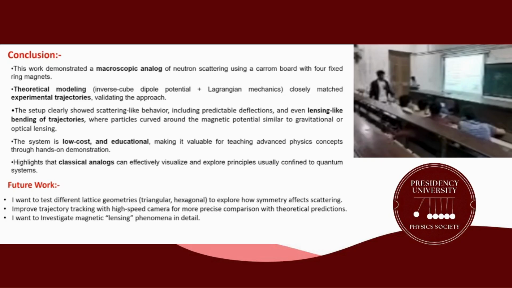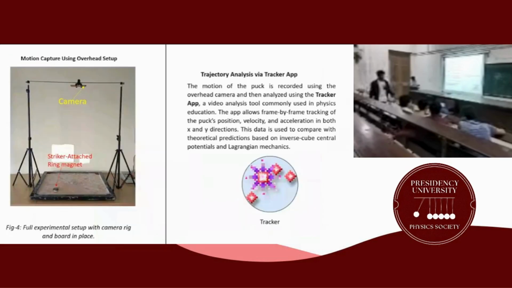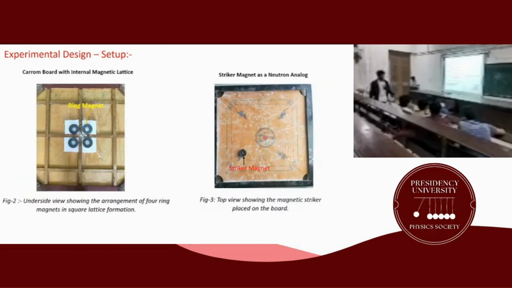And for future work, I want to test different types of lattice. You saw a special kind of lattice, four ring magnets in a square lattice.